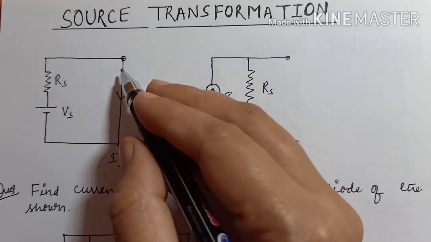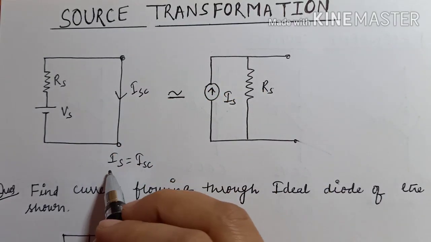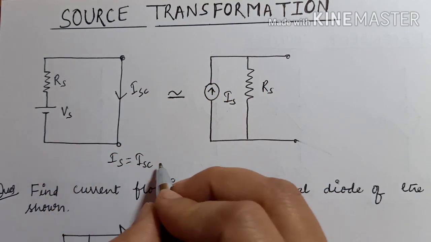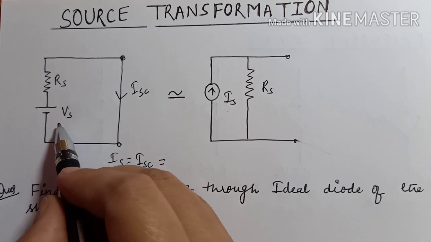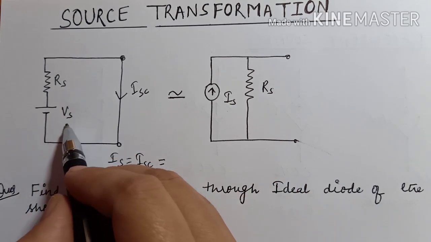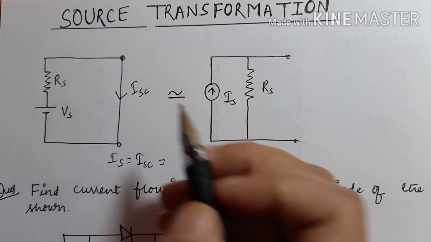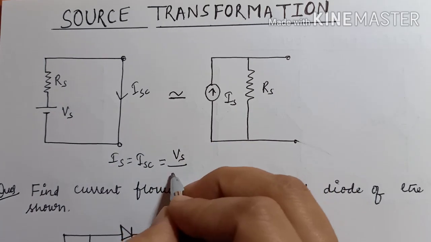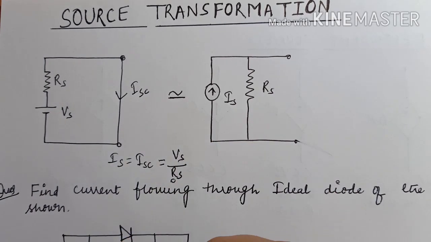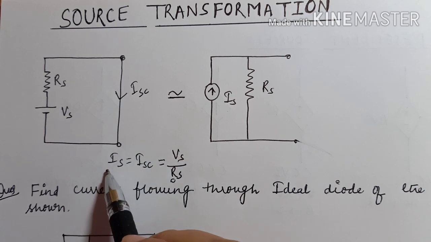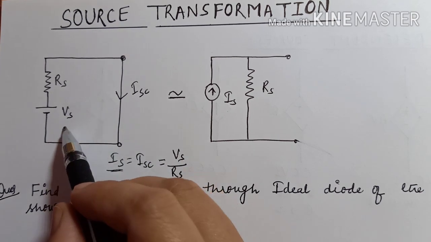Because I have short circuited these two ends. That's why ISC. What will be the current? Current will be the total voltage of the source divided by the internal resistance. Clear? So this much current is delivered by this voltage source.